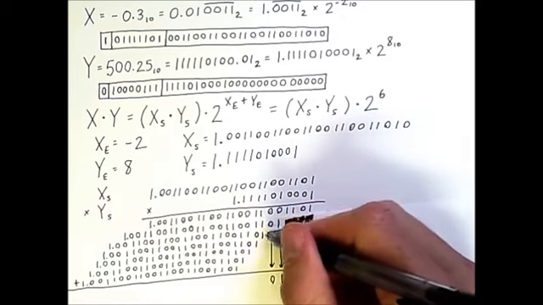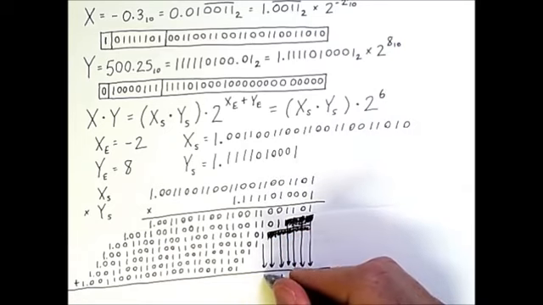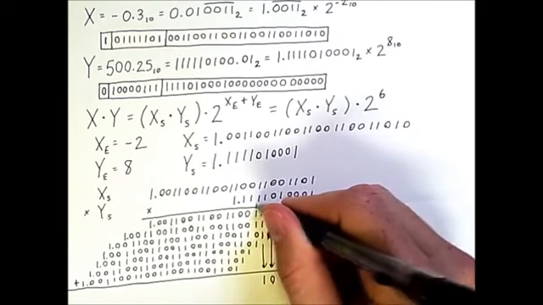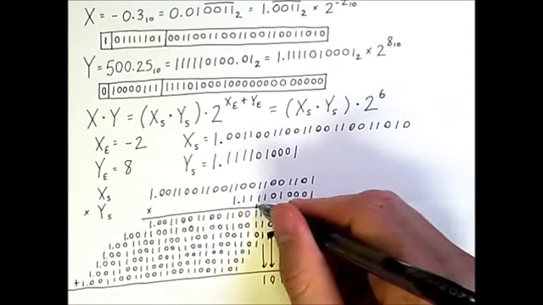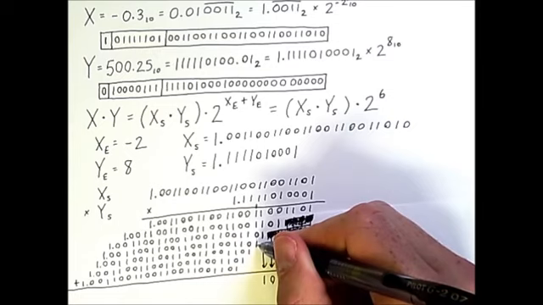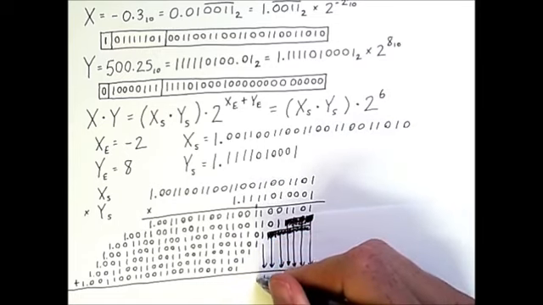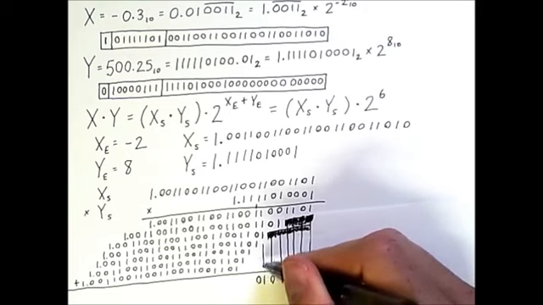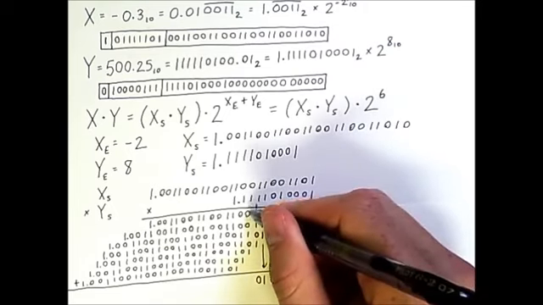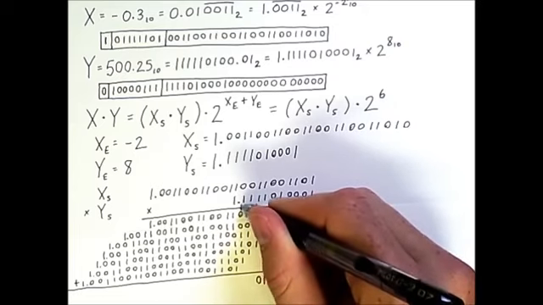Now 1, 2, 3. Well, 3 in binary is 1, 1, so there's a 1 here, and then a 1 up there. 1, 2, 3, 4. This is interesting. 4 in binary is 1, 0, 0. So that means we have a 0 here, and then a 0 carries over into the next column, and then a 1 carries 2 columns over.